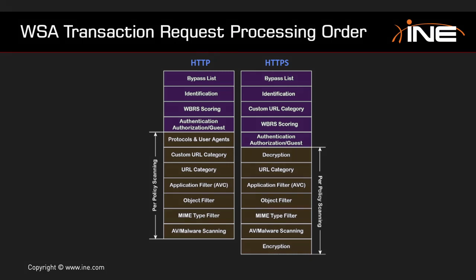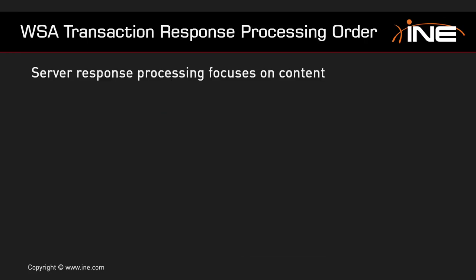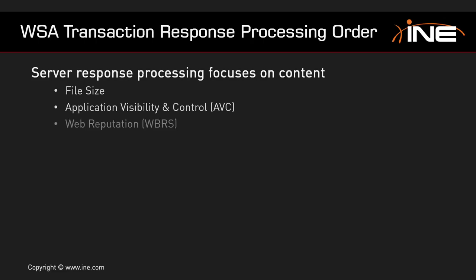There is going to be a change in what we will use to process replies, so HTTP response messages coming from the server. In this case, the focus is going to be on the content. As a first check, we will look at the file size. We can block files that are large. And next, we will use AVC, so look into the application level.